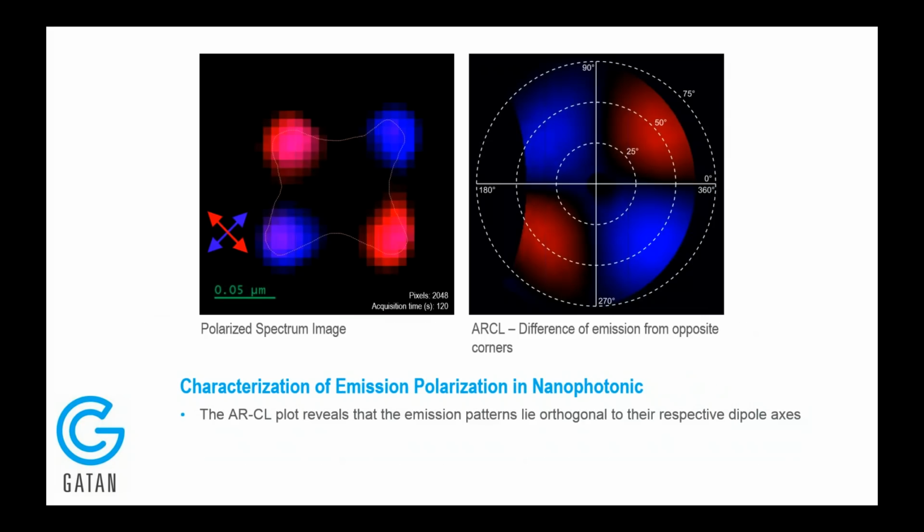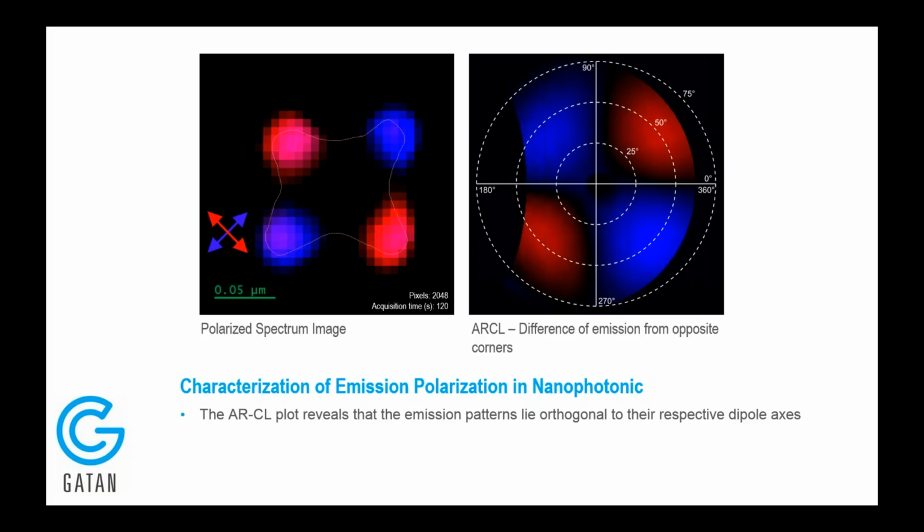So not only can we collect the emission spectrum and reveal the local density of optical states and the polarization, but we can also determine the emission direction of the light that's emitted from these particles. So really reveal how light and matter interact at the nanoscale.